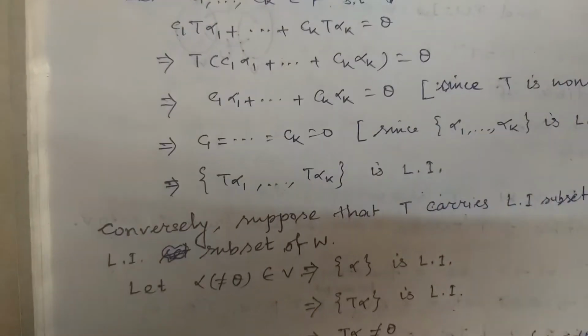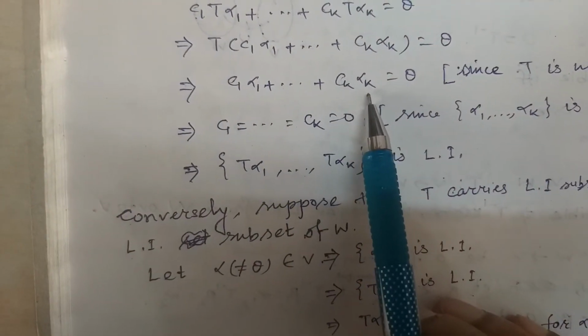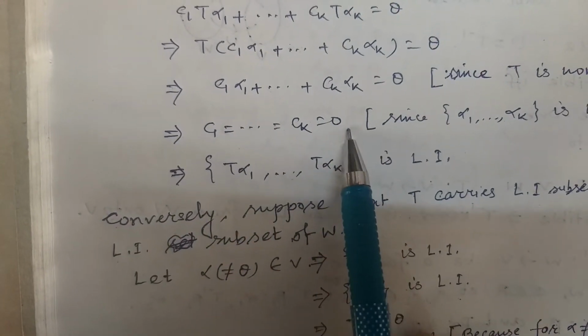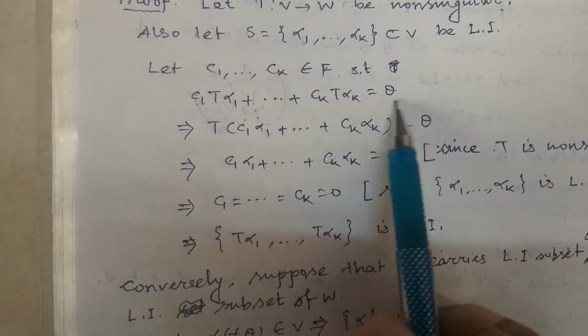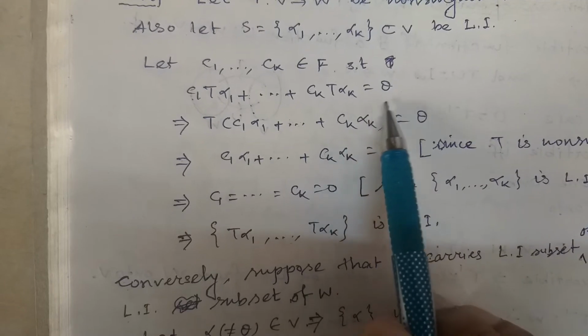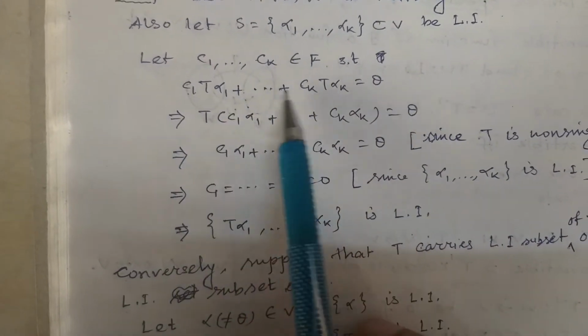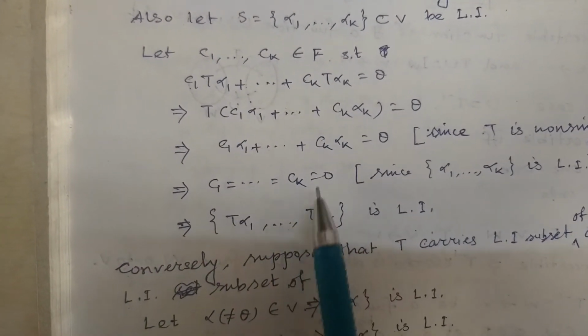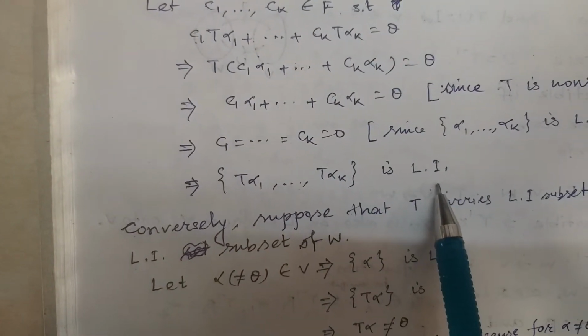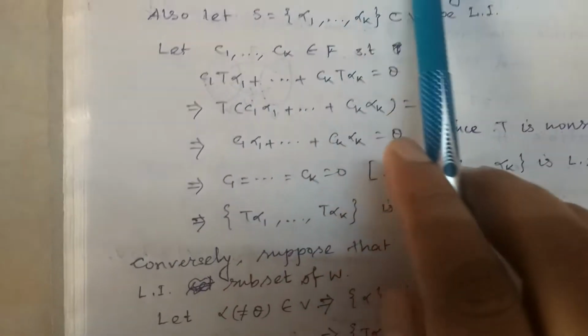Again alpha 1, alpha 2, alpha k are a linearly independent subset, so C1, C2, Ck are 0. Now we have chosen C1, C2, Ck in this way: C1 T alpha 1 plus dot dot Ck T alpha k equals theta, and it holds when C1, C2, Ck are 0. So definitely T alpha 1 dot dot T alpha k is a linearly independent subset.